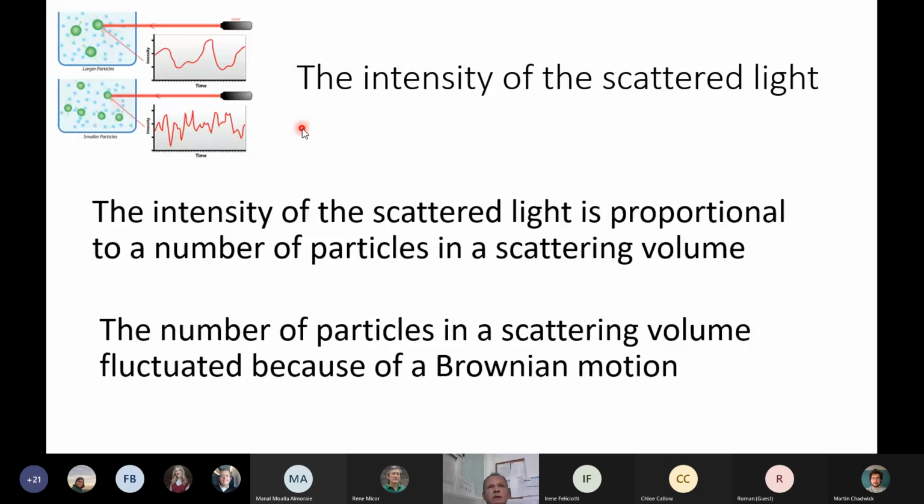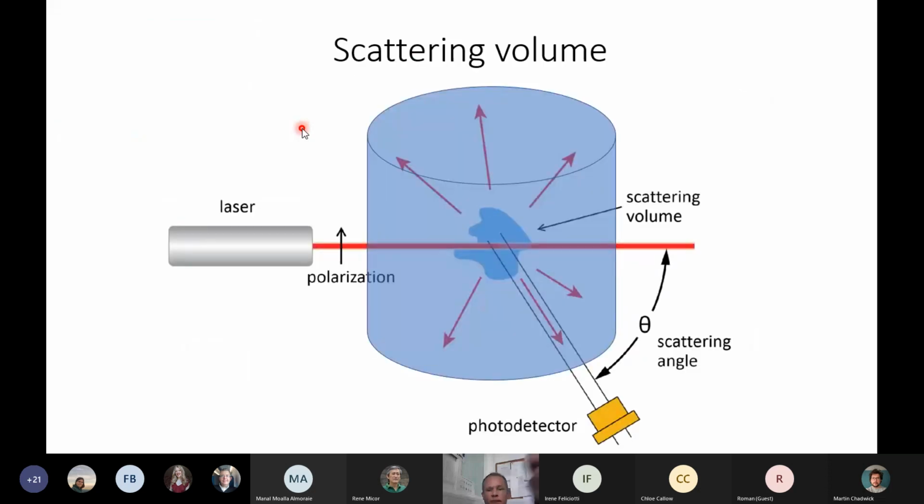So any nano-size object that we have in a vial will be in motion because of Brownian motion, which was discovered a couple of centuries ago. When we are making our light scattering experiments, we have a vial here, and we are gathering information not from the whole vial, but from a volume that is known as the scattering volume. And this volume has no solid walls.